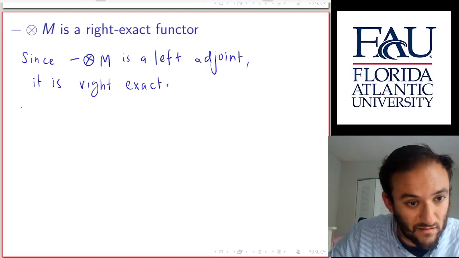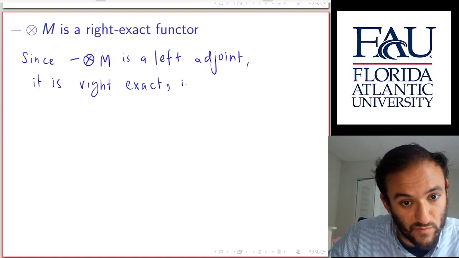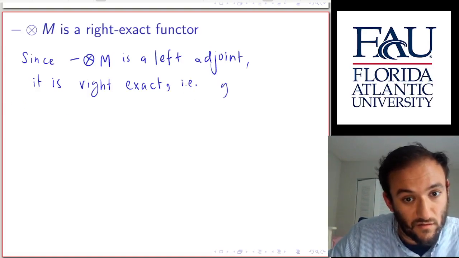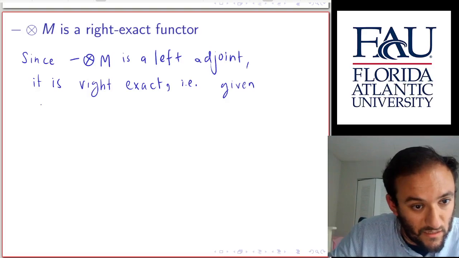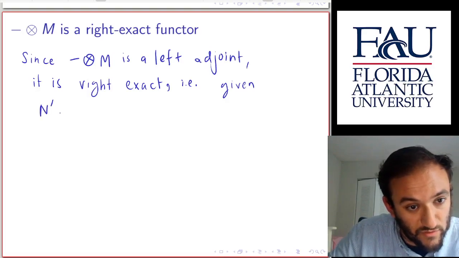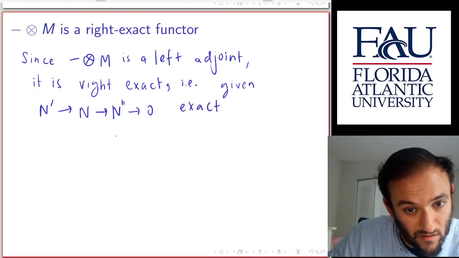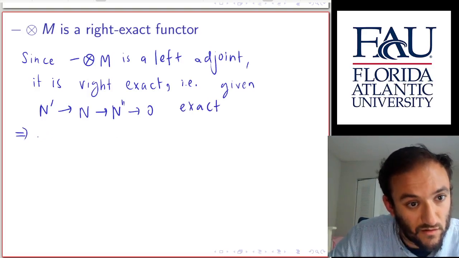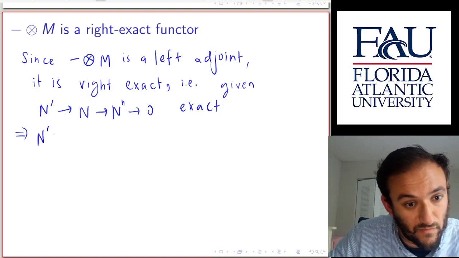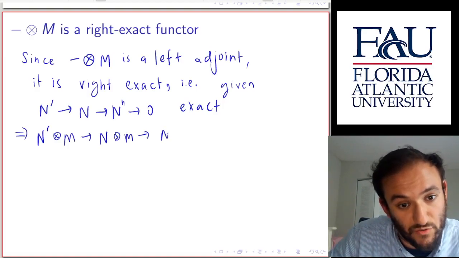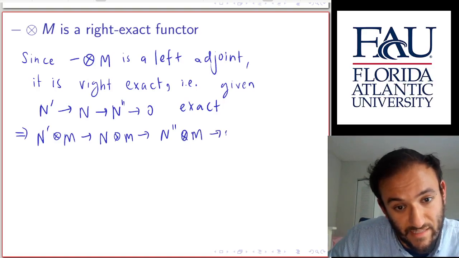which means, more specifically, that if you have a sequence of modules which is exact, then applying the functor to each step of the module will remain exact.